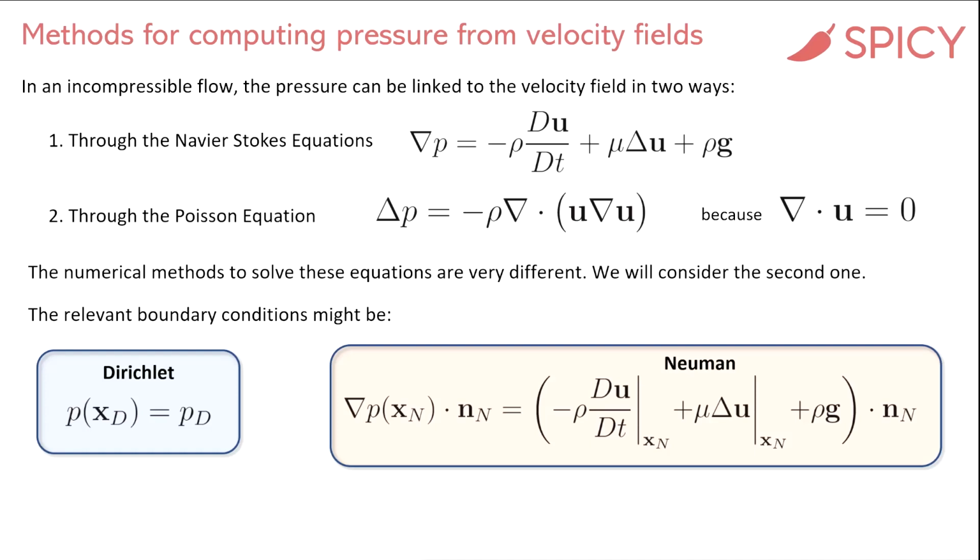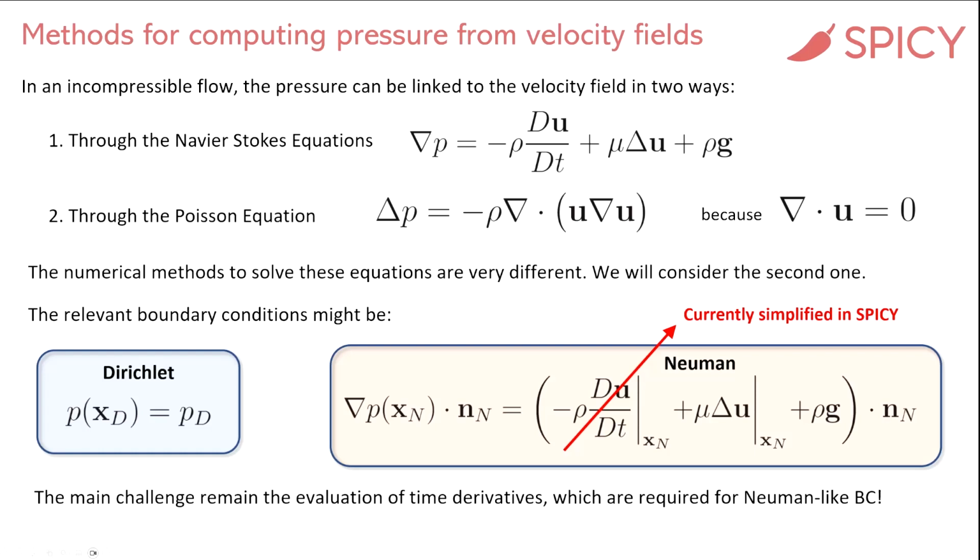But this is not, strictly speaking, valid in many other cases. So this is why in SPICY we leave the right hand side term almost as it is, except for one simplification, and in particular we simplify the time derivative which is inside the material derivative, as we will see shortly, because it is usually very difficult to measure these quantities experimentally.